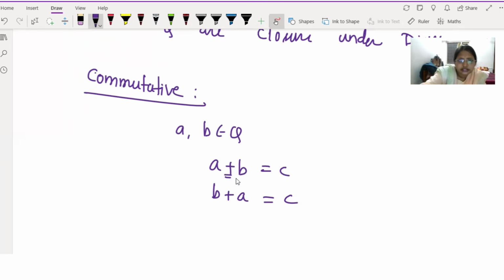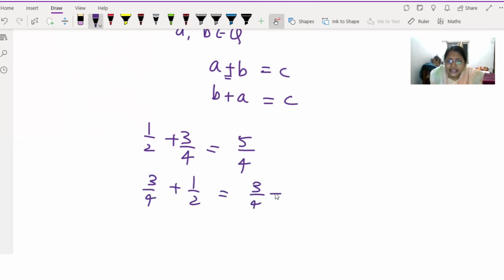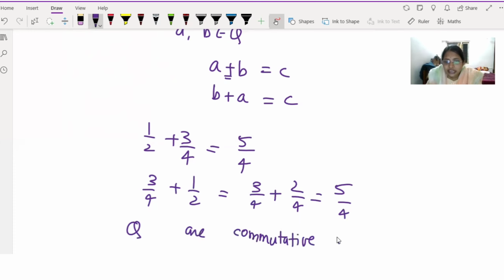Okay, let's check. 1 by 2 plus 3 by 4, we got 5 by 4. Now I will add 3 by 4 plus 1 by 2, that is 3 by 4 plus 2 by 4. It's 5 by 4 only. So rational numbers are commutative under addition.